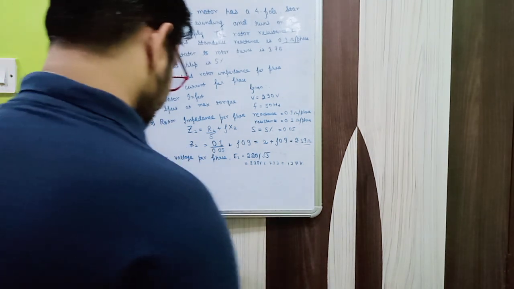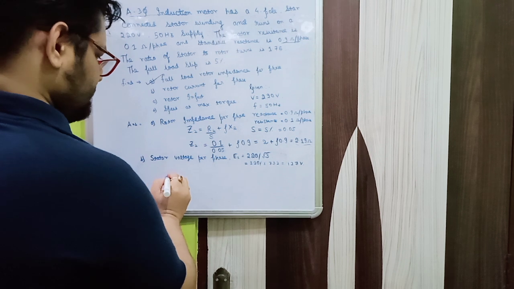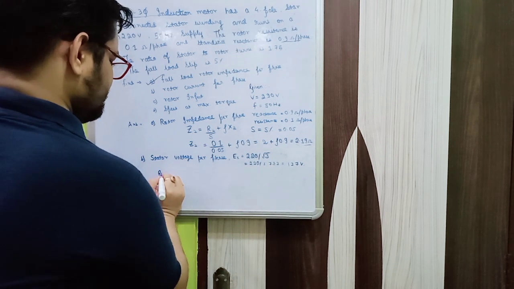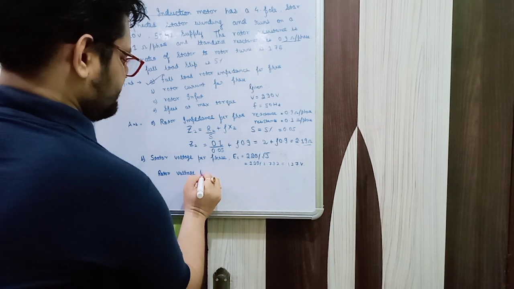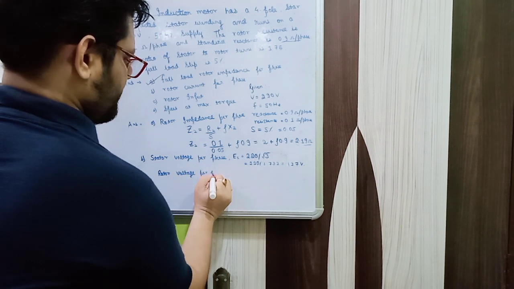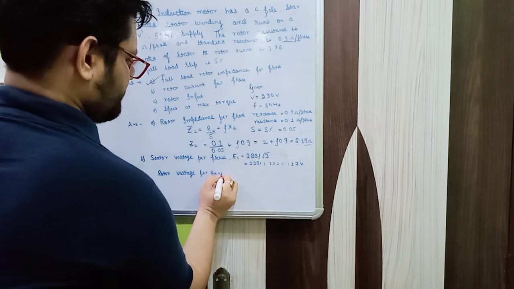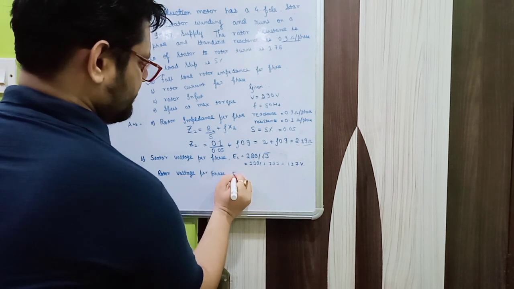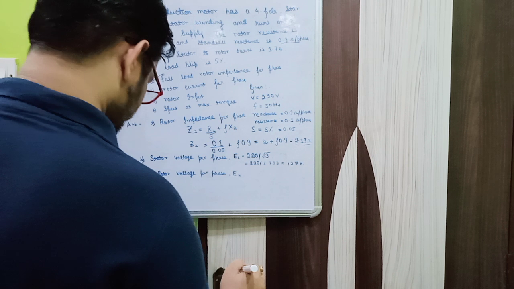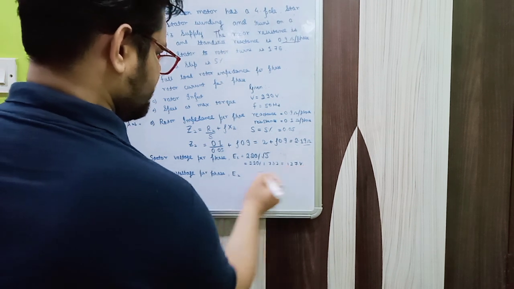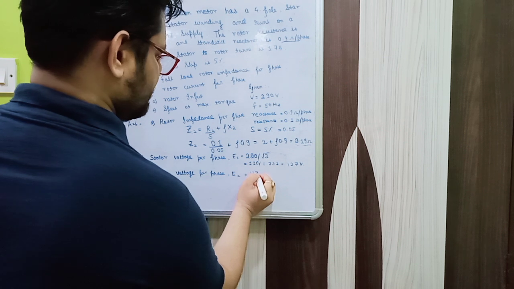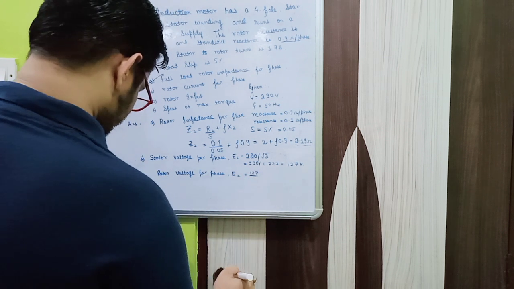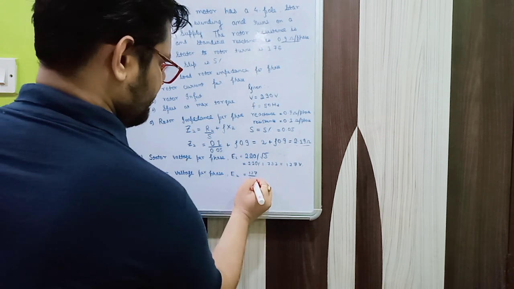The other we have to find is the rotor voltage per phase. The rotor voltage per phase is E2, which is the E1 value 127 divided by 1.75.